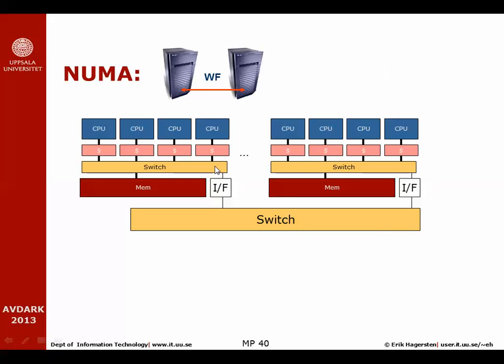So here it's cheap as long as you keep coherence inside a node, but once you need to read data from somebody else's cache that's not in your node, it's much, much more expensive.